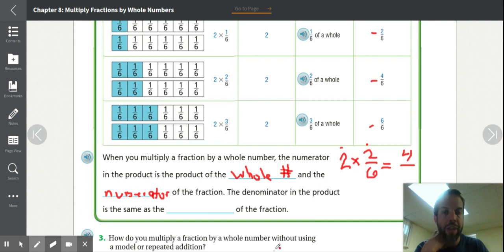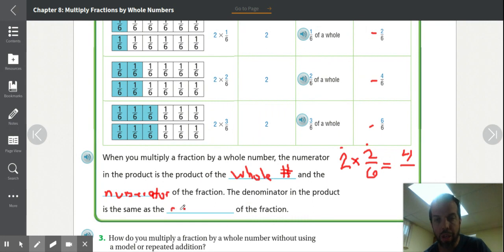All right, so you're multiplying your whole number times your numerator to get a product numerator of 4. The denominator in the product is going to be the same as the denominator of the fraction. So what denominator is going to be here? It's going to be the same as the denominator.